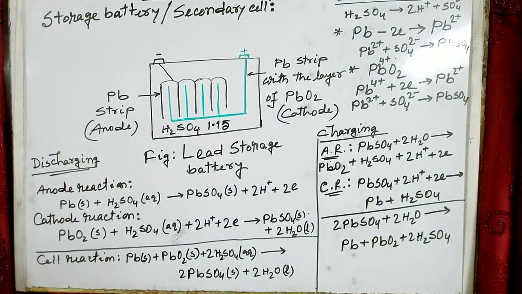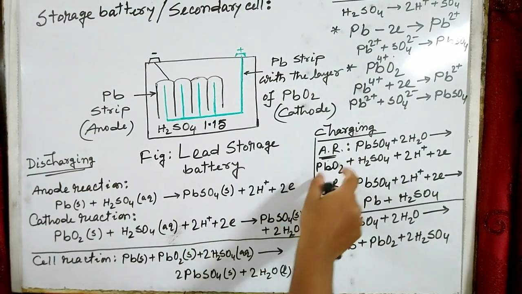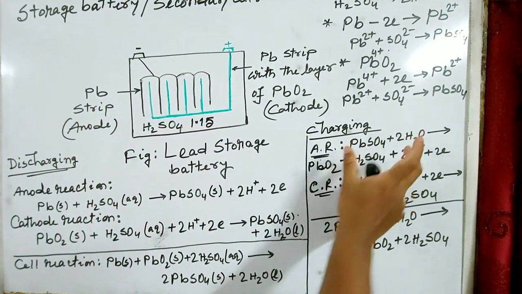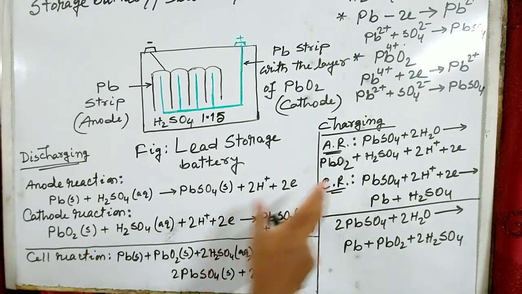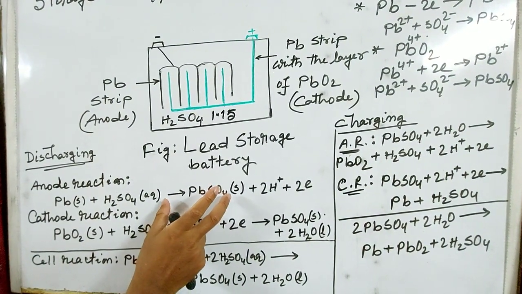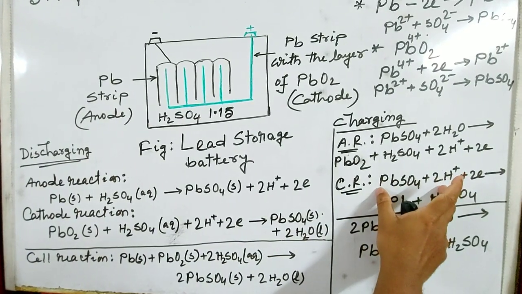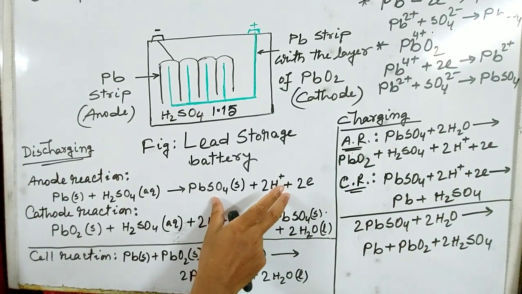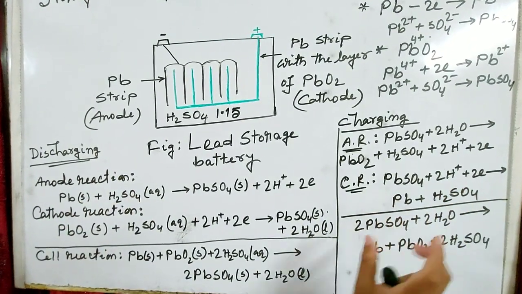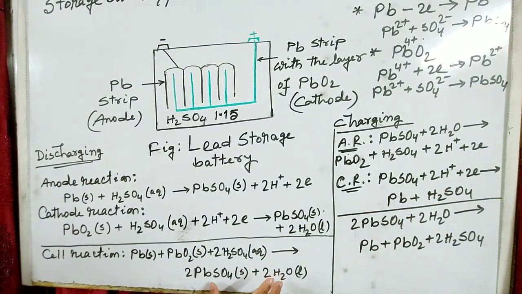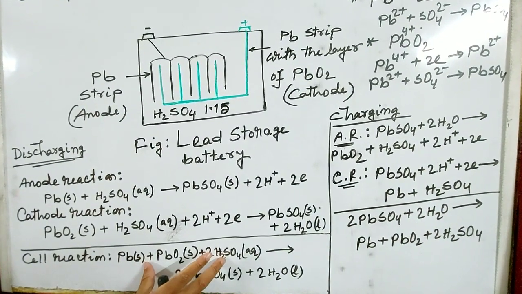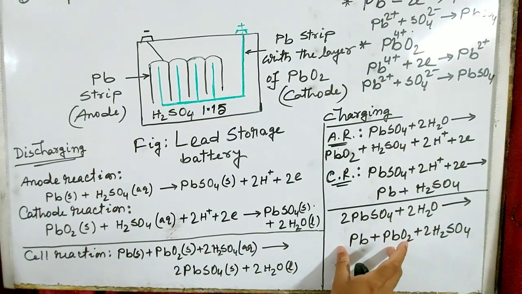The cathode reaction will occur in the anode and the product will be reactant and the reactants will be product. And again the reaction of the anode will go to the cathode and the product will be reactant and the reactant will be product. And in the cell reaction, the product will be reactant and the reactants will be product.